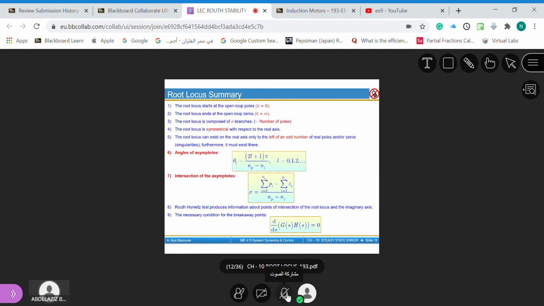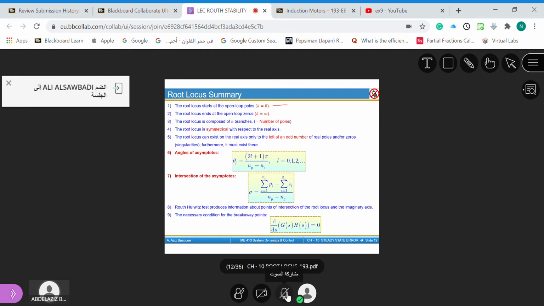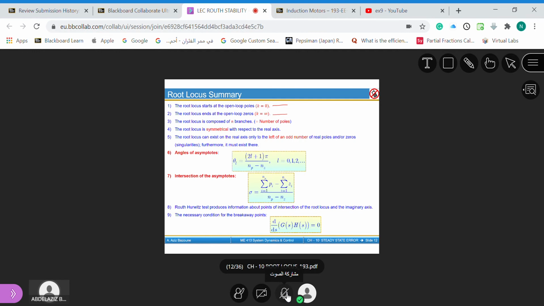The root locus starts at the open loop poles when k is equal to 0. It ends at the open loop zeros when k is equal to infinity. The root locus is composed of n branches; the number of branches is the number of poles you have. The root locus is symmetric with respect to the real axis.